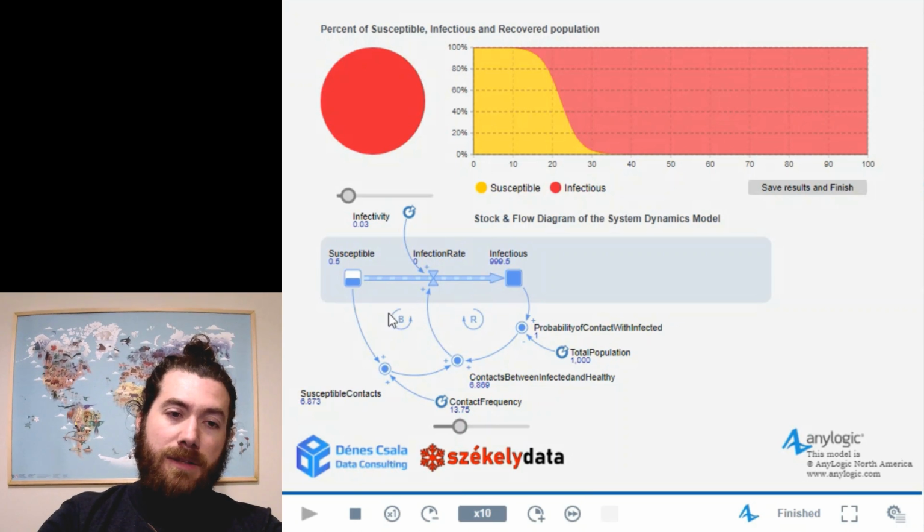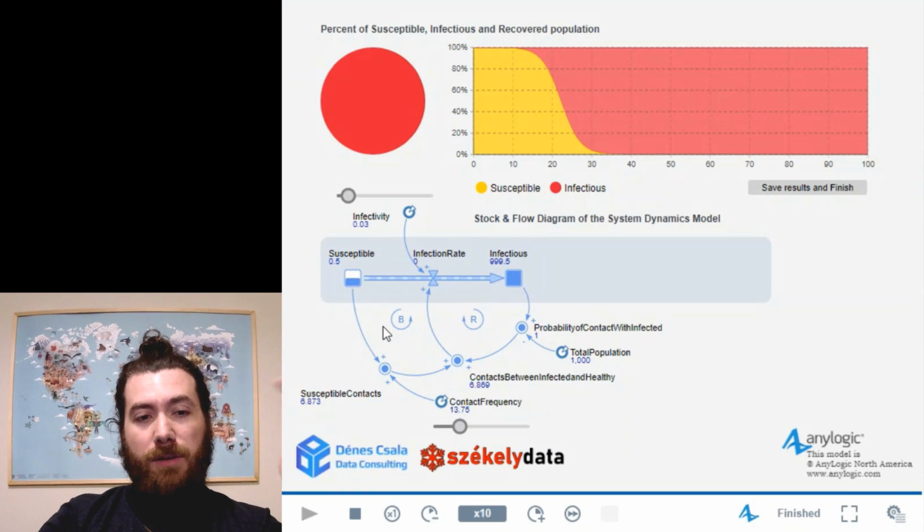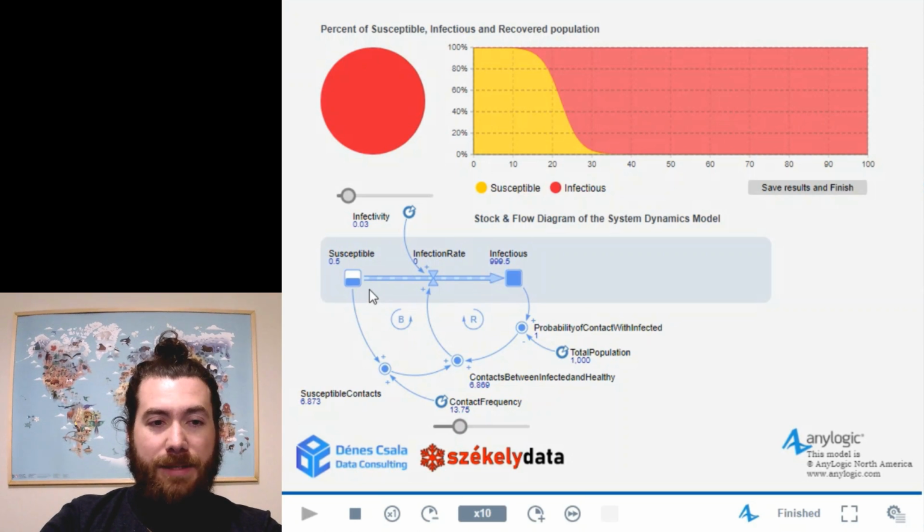But then this loop is a balancing loop, because if I go around the arrows like this, in this section I'm going against the arrow, so that would be counted as a negative sign. So what is happening is that the more susceptible people I have, the higher the number of susceptible contacts that I will have.